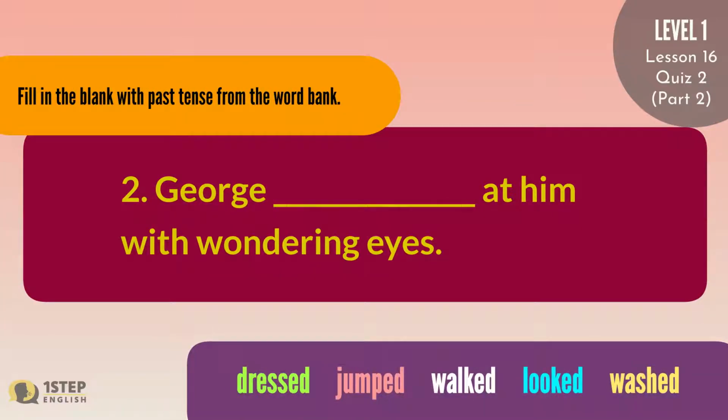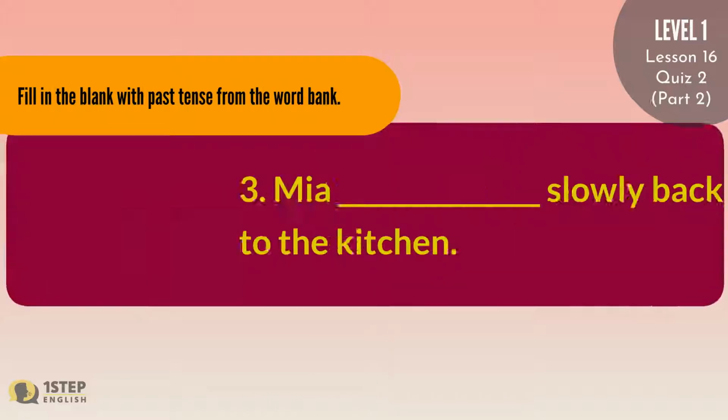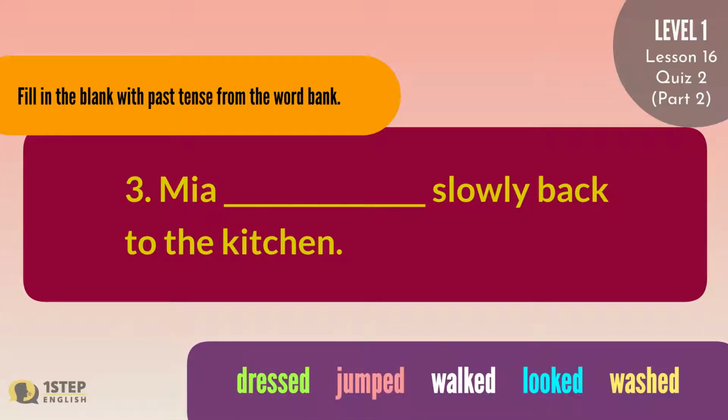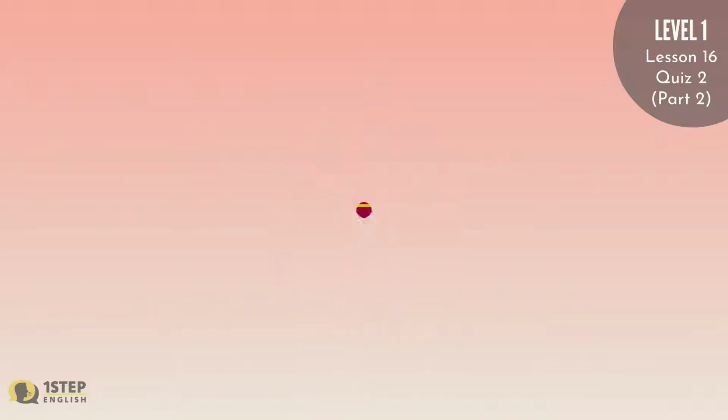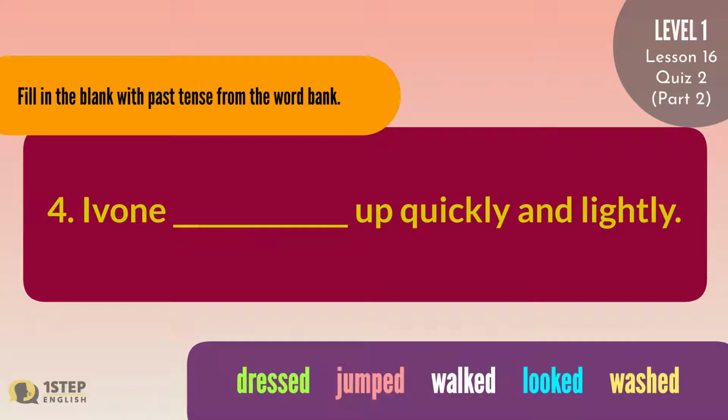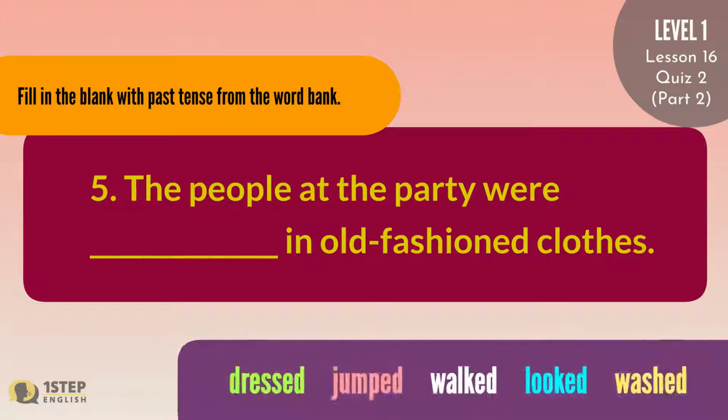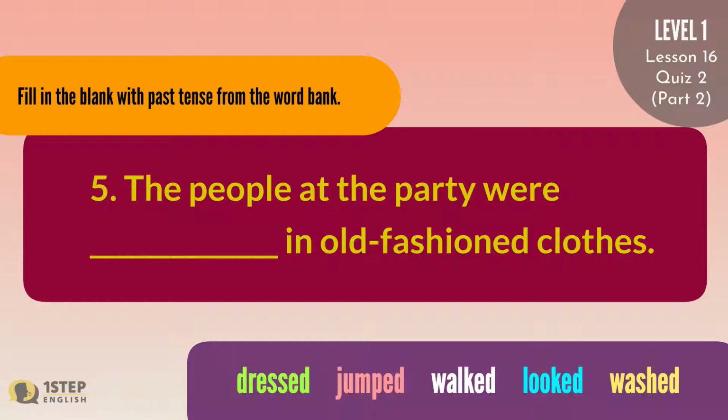Number 2. George at him with wondering eyes. Number 3. Mia slowly back to the kitchen. Number 4. Yvonne up quickly and lightly. Number 5. The people at the party were in old-fashioned clothes.